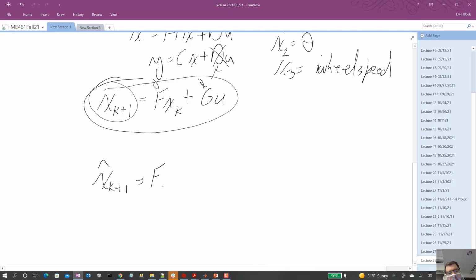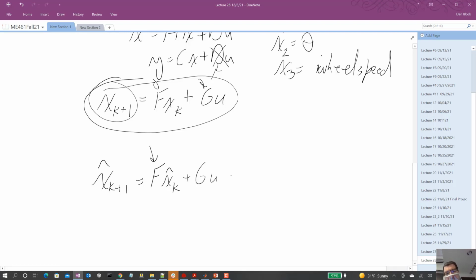We multiply, because f we can identify, we hope. Depends on the system, but let's say we can identify it. It's not going to be perfect, but hopefully close. We multiply these constants of f. A lot of times, for a linear system, f is just a bunch of constants, plus g u.